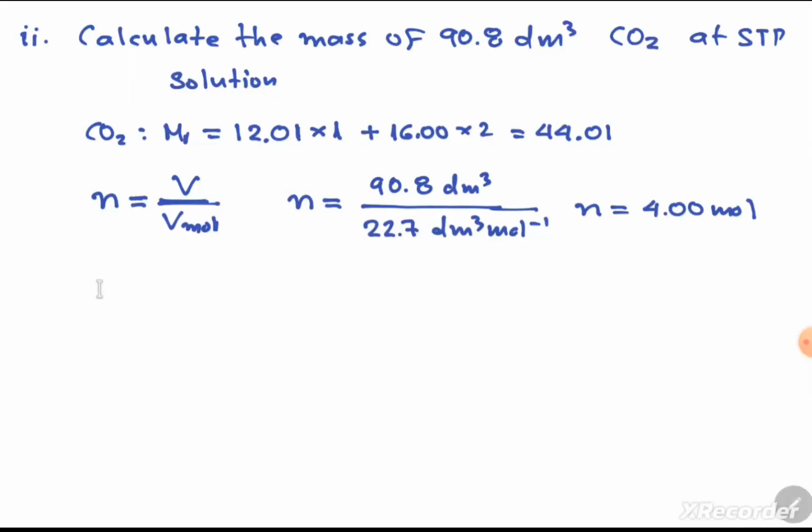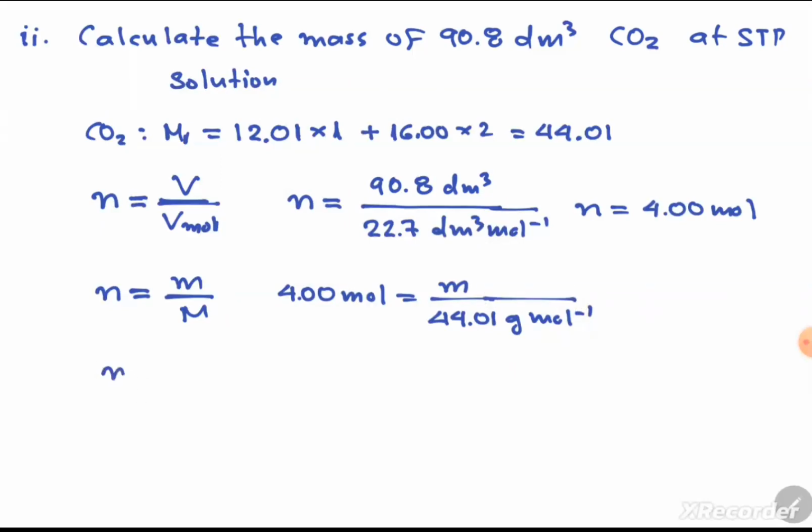Then we find from the number of moles the mass of carbon dioxide. So we use the relationship n equal mass divided with molar mass. So we have the result.